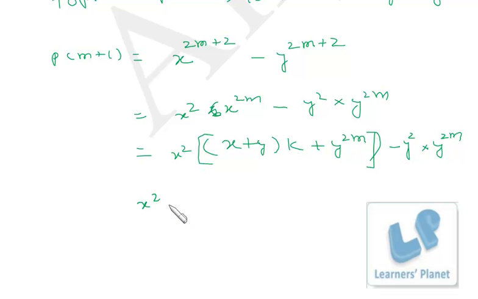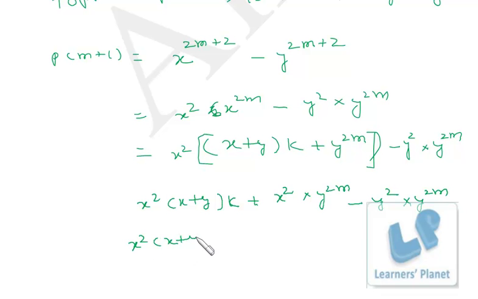It's x square into x plus y into k plus x square into y raised to 2m minus y square into y raised to 2m. Okay, so it is x square into x plus y into k plus, from here I can take y raised to 2m as common, then it is x square minus y square, that can be written as x plus y into x minus y.